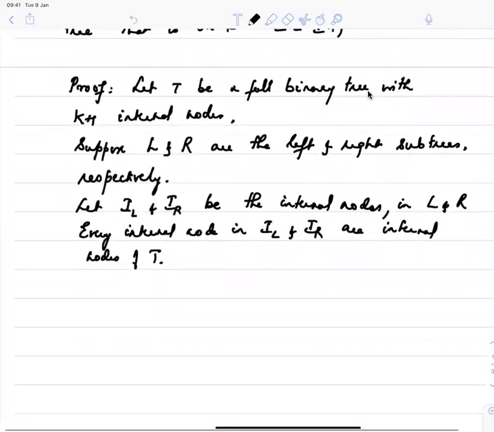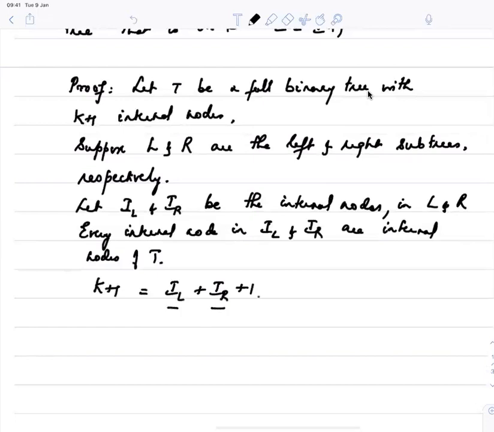Okay. So we said we're adding 1, right? So k plus 1 is equal to IL plus IR plus 1, because now neither left subtree nor right subtree is empty, and we have plus 1 because the 1 is due to the root, which is an additional internal node.